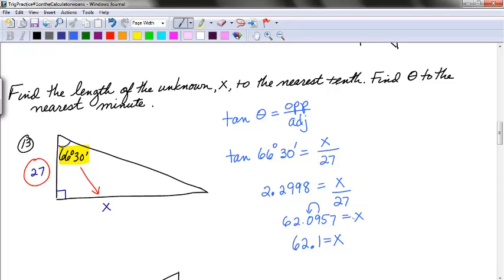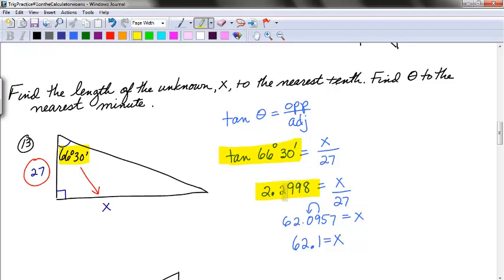Because you typed this in. Yeah, that's why. Let me explain that. Her answer is a little bit different, and it will be. So you don't want to just type this in. You want to do this on the calculator. Why?